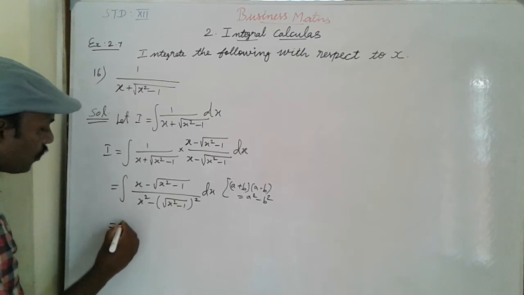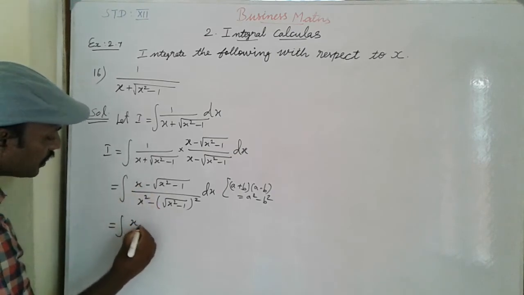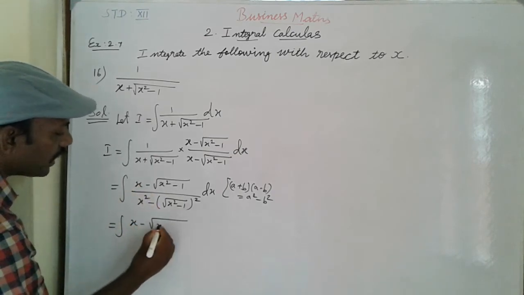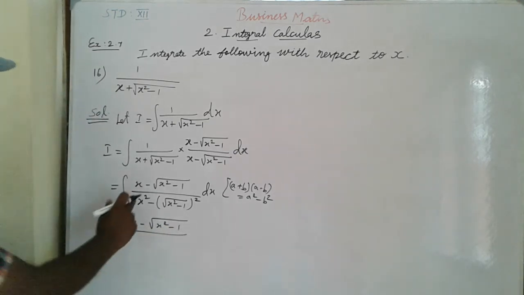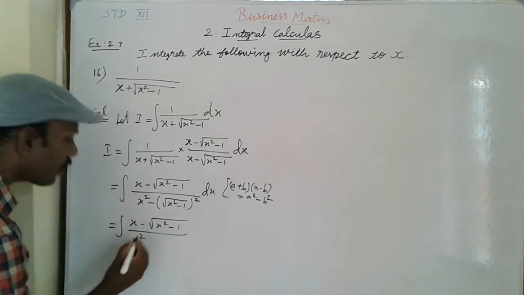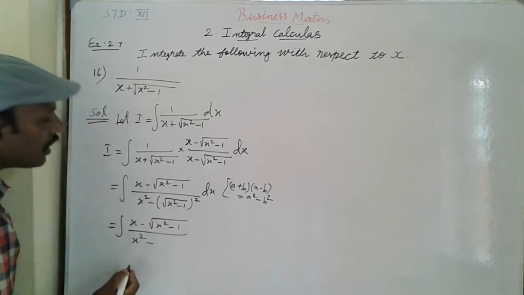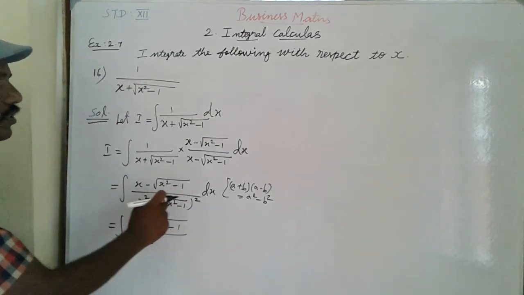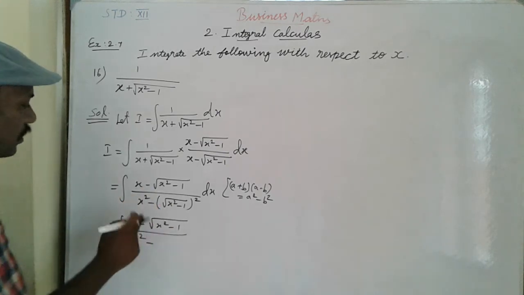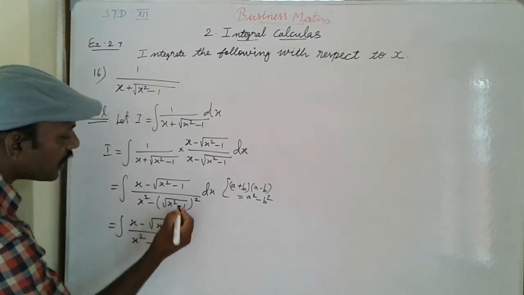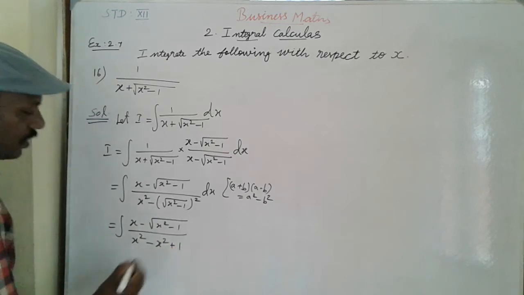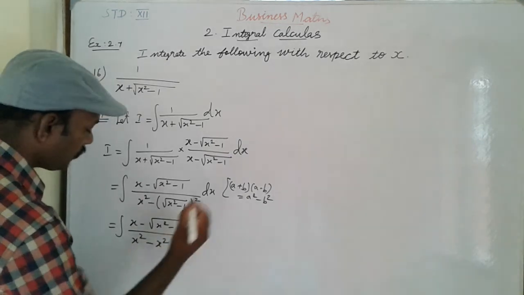It is equal to integral x minus root of x square minus 1 divided by x square minus, the square root and square cancel, minus x square, minus and minus is a plus 1, into dx.